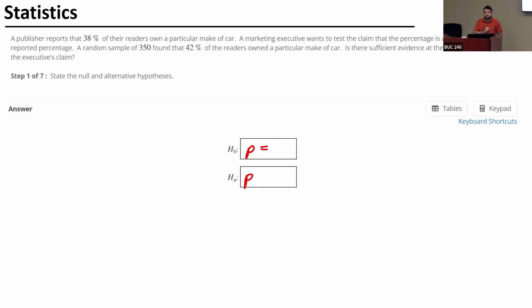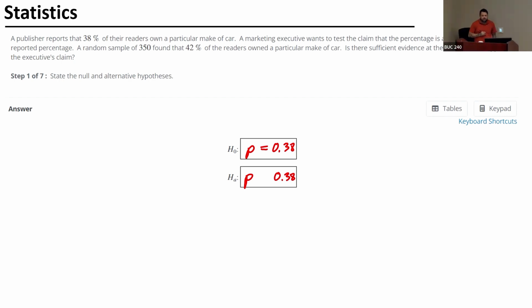I need a number. 38%, or 0.38. And at that point, you know that 0.38 is going to go on the bottom as well. It's always going to match. It has to. I'm not going to test whether I can solve cancer with milk and then go test everybody with orange juice. That's not how science works. You test everything with the same exact levels, okay?